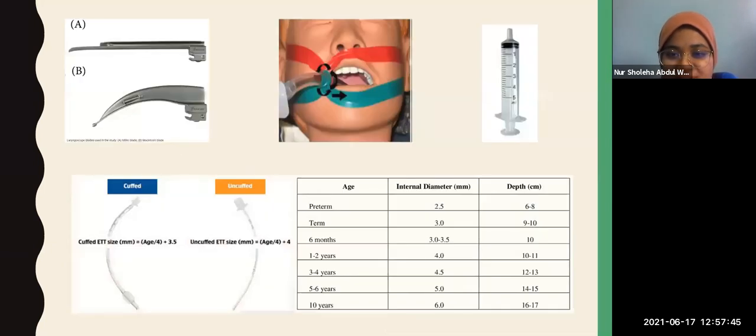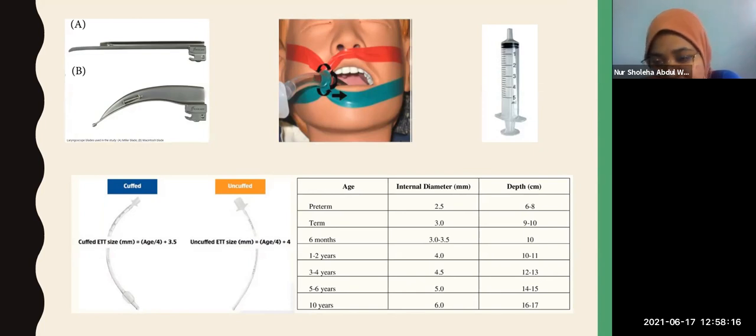In this slide, the first picture where there is A and B: the straight blade is also known as the Miller blade, and the curved blade is also known as the Macintosh blade. The second picture is about the tape, and the picture below shows the difference between the cuffed and uncuffed. As you can see, in the cuffed ET tube there is a balloon at the tip of the tube, while in the uncuffed there is no balloon.